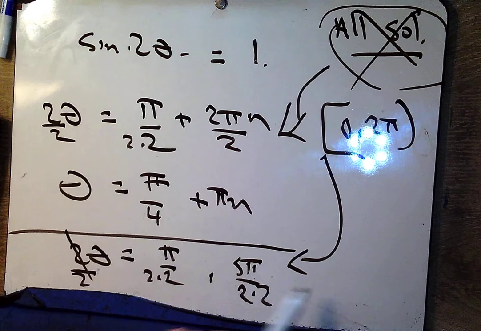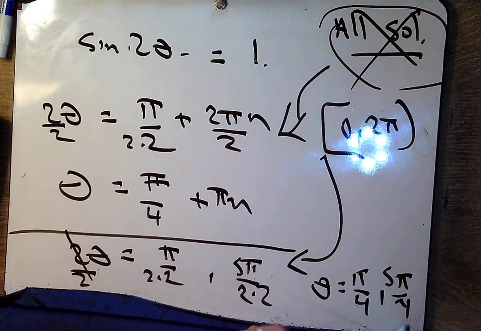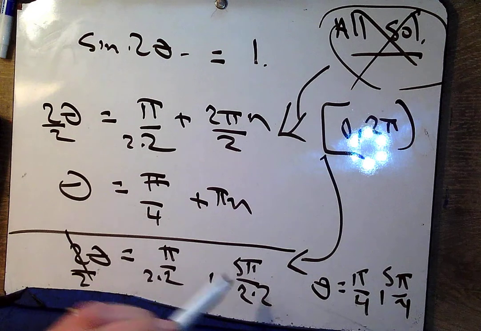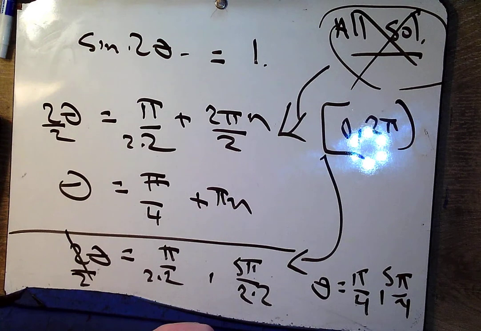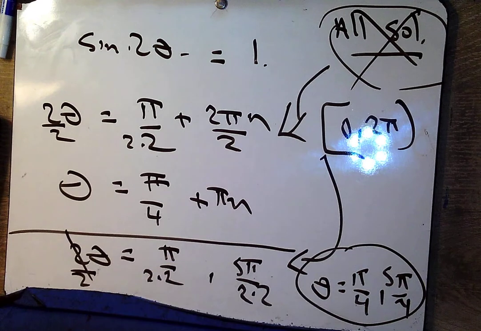And I get theta equals pi over 4 and 5 pi over 4. Okay? If you went around once more, you would add 2 pi to 5 pi over 2 and have 9 pi over 2, so 9 pi over 4, and 9 pi over 4 is bigger than 2 pi. So it's just these solutions.